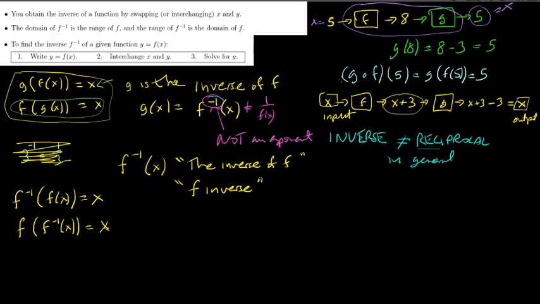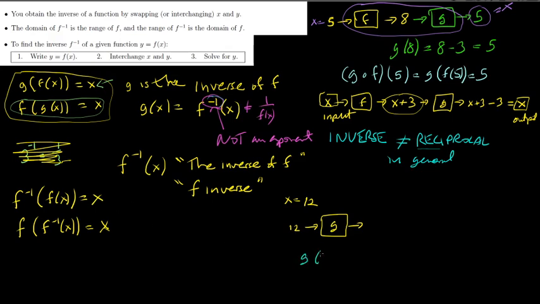We're going to do the same thing down here. Let's take a different x. How about x is equal to 12? So suppose x is 12. But now I'm going to take that 12 and plug it into g first. So what does g do to 12?